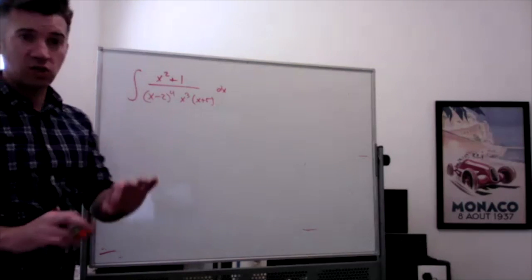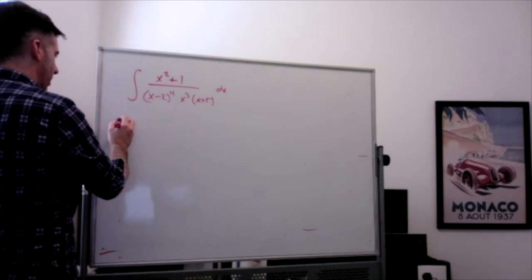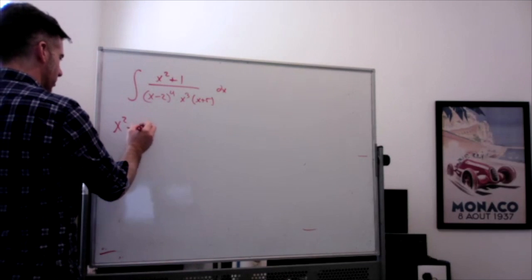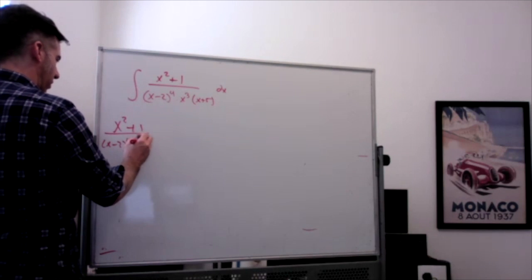But the way you would start the setup for it would be the following. You have x squared plus 1 over the disgusting bottom, which is already factored for us.